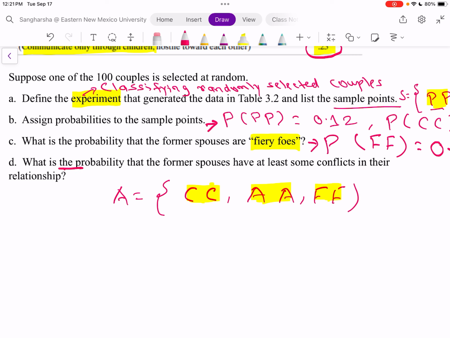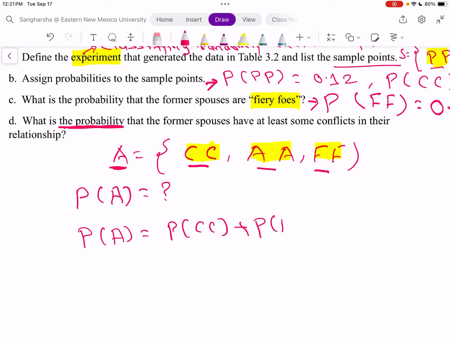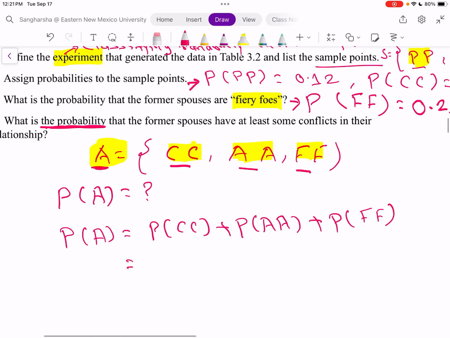And we are interested in finding the probability of this event A. So we are asked to find P of A. This is unknown to us. Now how do we find P of A? P of A is the sum of the probabilities of these sample points: probability of CC plus probability of AA plus probability of FF. So you are adding the probability of each sample point in the event A, and we already know these, so we make a substitution.